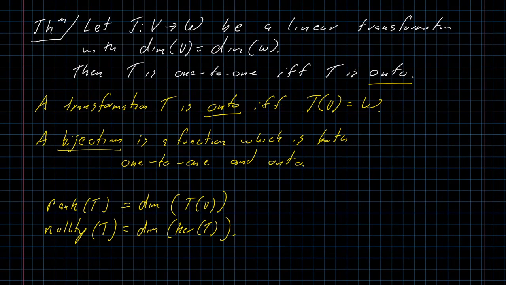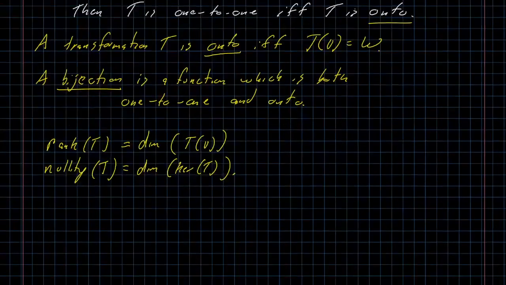The rank we talked about before as being the dimension of the row space of a matrix. And I kind of hinted at, without really proving, that the row space was the range of the transformation. And so there is some basis there, although a little bit less.